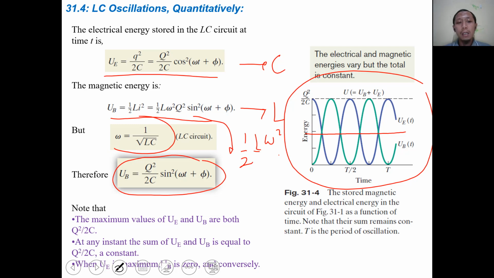So we get sinusoidal curves like this. The maximum value of U_E and U_B is Q squared over 2C, and at any instant the sum of U_E and U_B must be Q squared over 2C. It is constant. When U_E is maximum, U_B is 0. When U_B is maximum, U_E is 0.